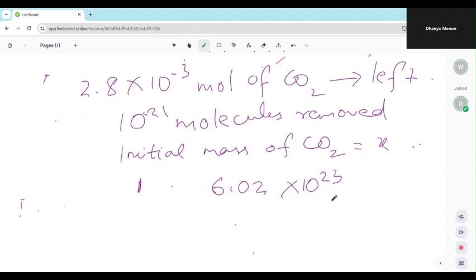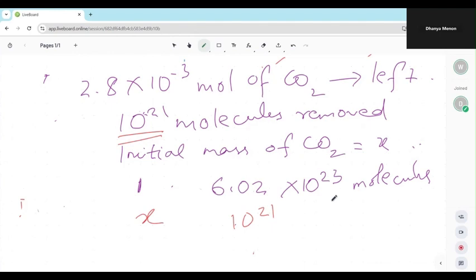So 1 mole contains 6.02 times 10 raised to 23 molecules. How much carbon dioxide is removed? 10 raised to 21 molecules. So 10 raised to 21 molecules will be how many moles? The first information we already know: 1 mole has 6.02 times 10 raised to 23 molecules.